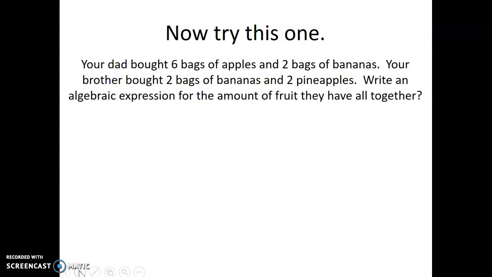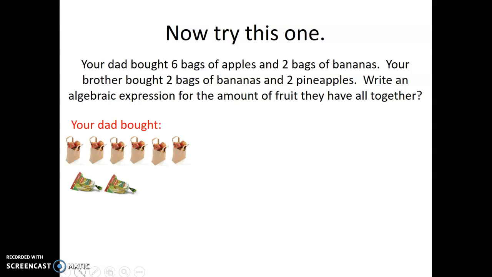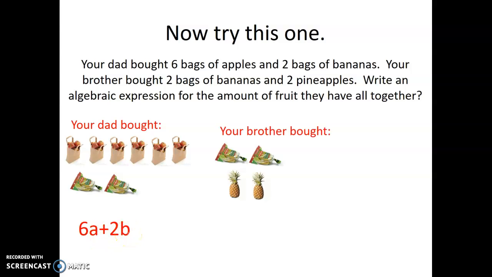Try this one. Your dad wanted some fruit, so he bought 6 bags of apples and 2 bags of bananas. Your brother bought 2 bags of bananas and 2 pineapples. So let's write an algebraic expression for the amount of fruit they had all together. Your dad bought 6 bags of apples, 2 bags of bananas: 6A plus 2B. Your brother bought 2B plus 2, for the 2 bags of bananas plus 2 pineapples.